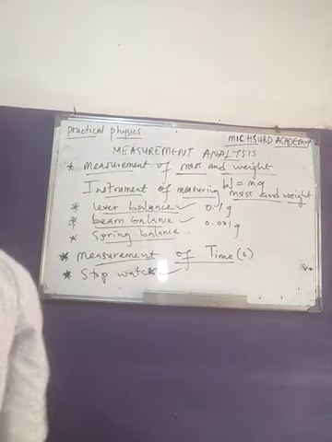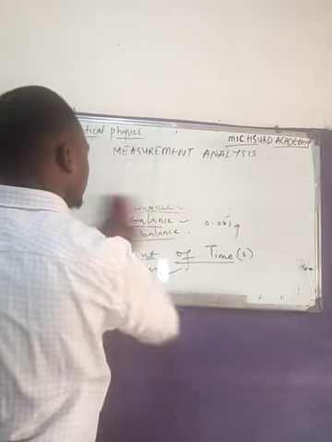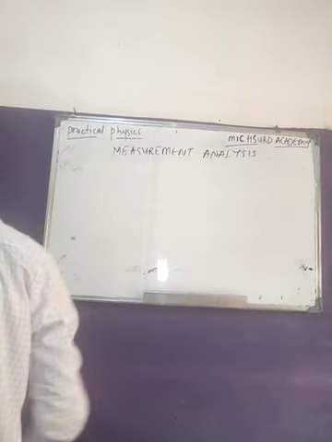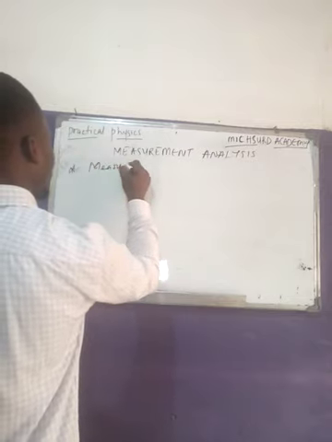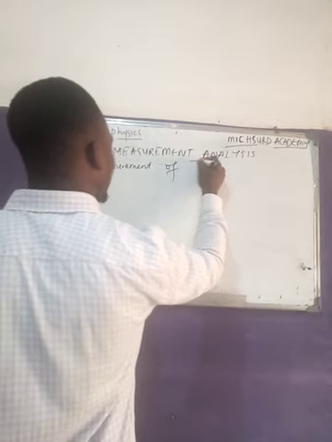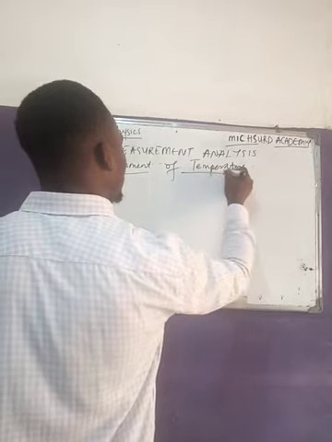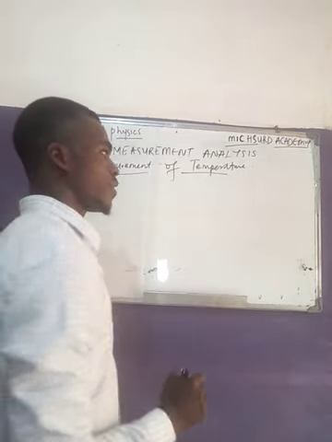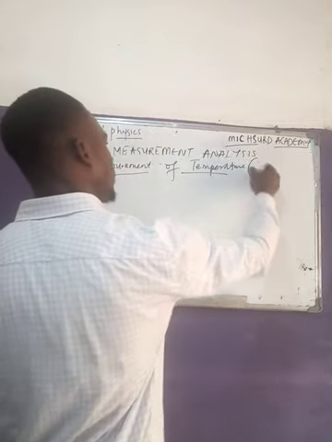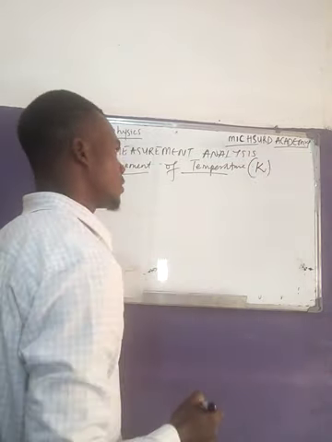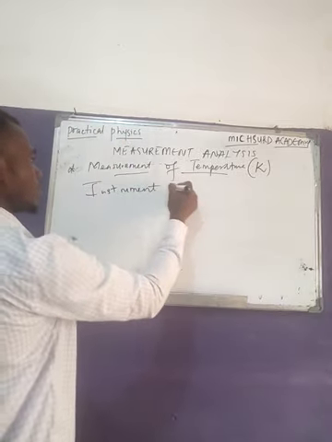Now another one we have is the measurement of temperature. Temperature is also one of the fundamental quantities, and its SI unit is the Kelvin. We have different instruments we can use to measure temperature.